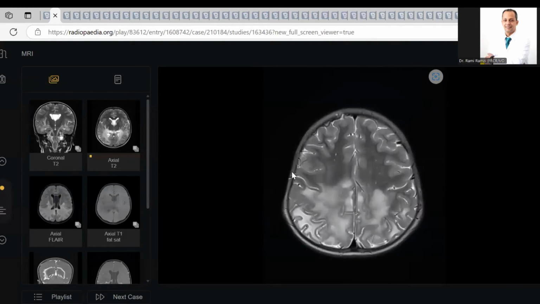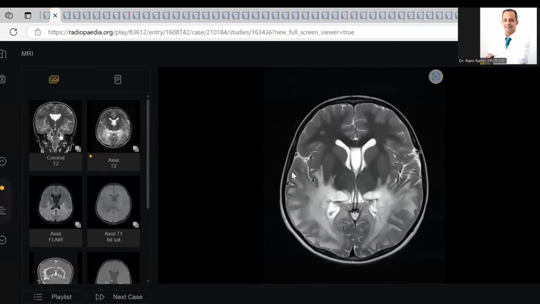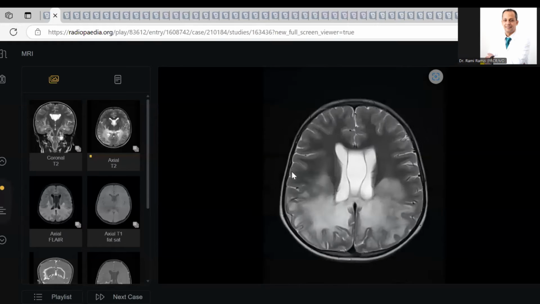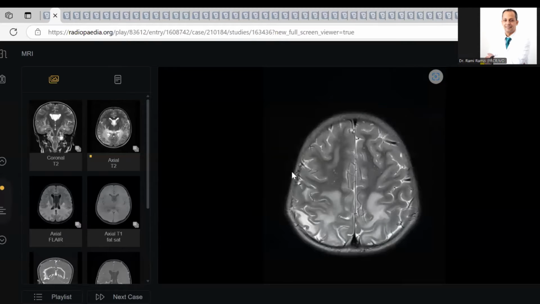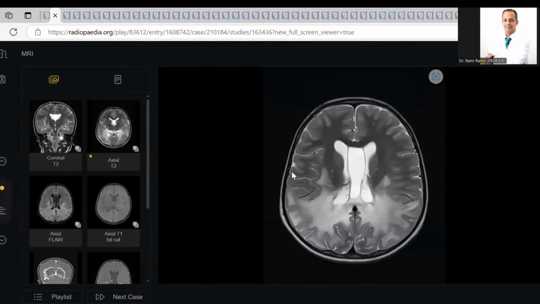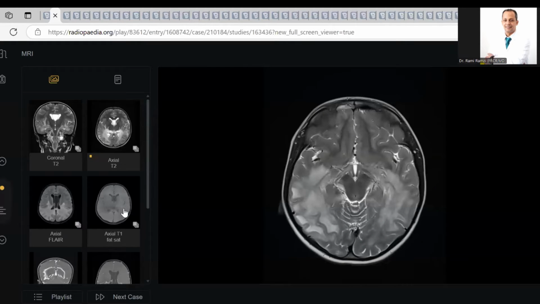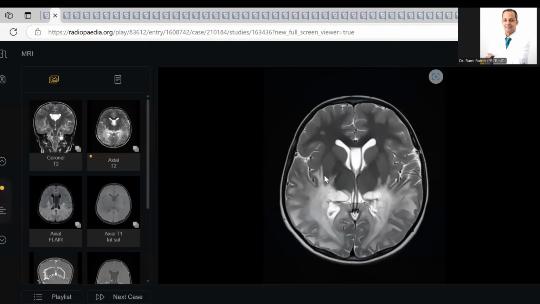Can I see the axial, sir? It is extending from the occipital and parietal region and extending down into the brain stem in the region of the tracts. And can I see T1, sir? No T1, he has just T2.